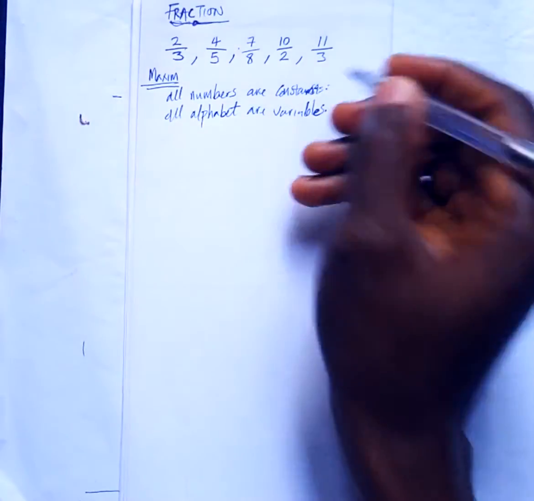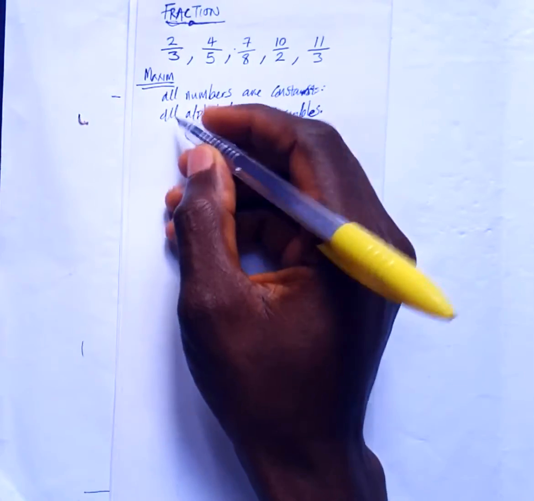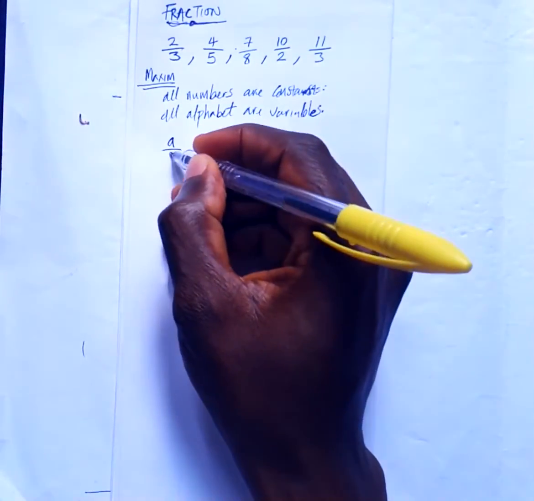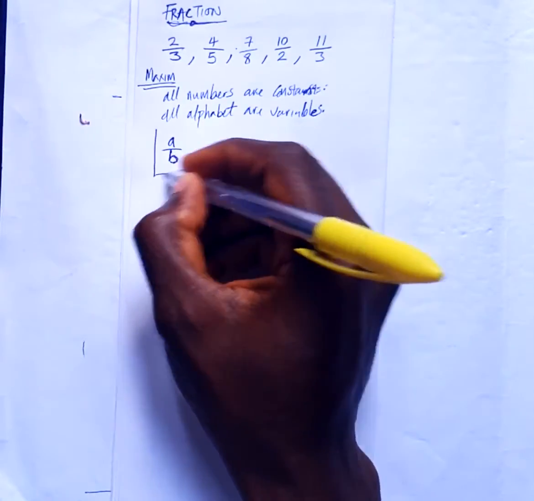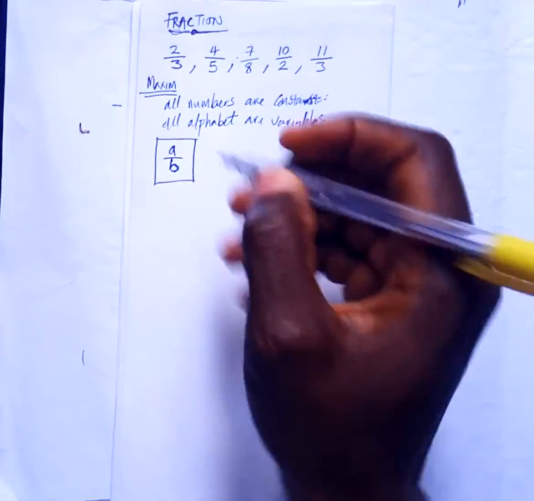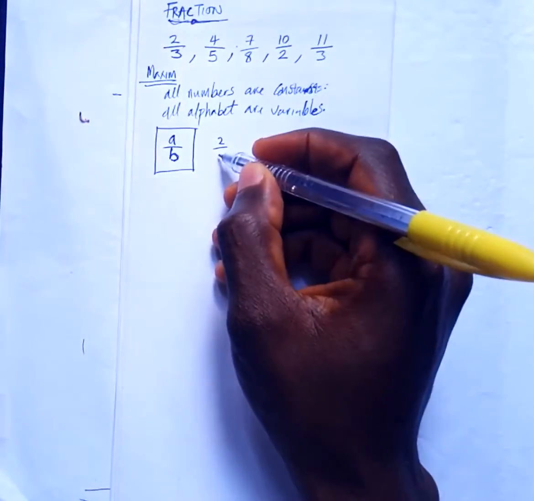So using that principle here, we can say A/B is the general formula for a fraction. So if our A is equal to 2, and our B is equal to 3, it will be 2/3.